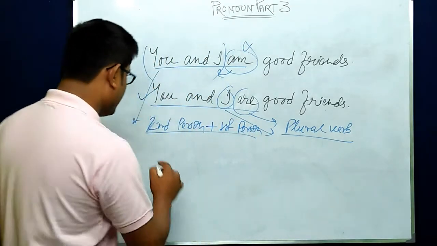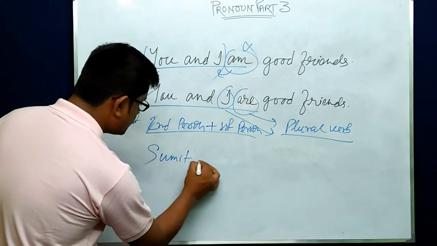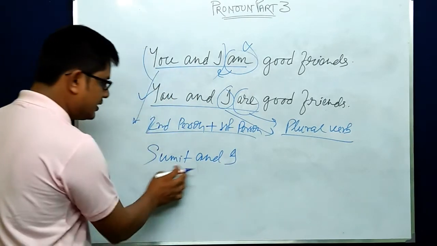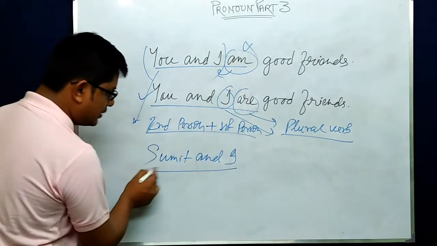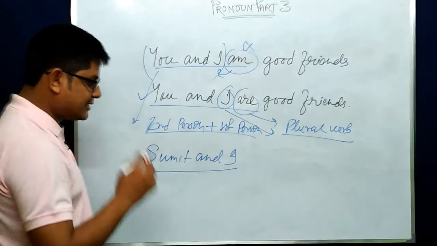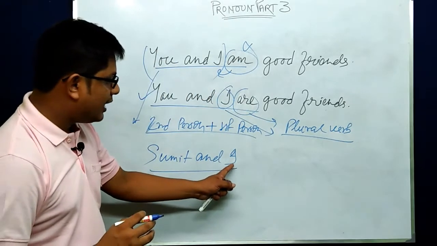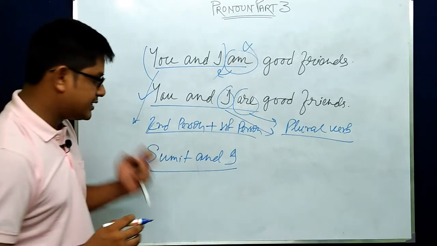How? Let me give you one single sentence. See, suppose you write Sumit and I, okay, Sumit and I. So we have two subjects together. Sumit is a noun, but at the same time it is third person singular. And we have I, which is a personal singular pronoun, that is first person singular number.